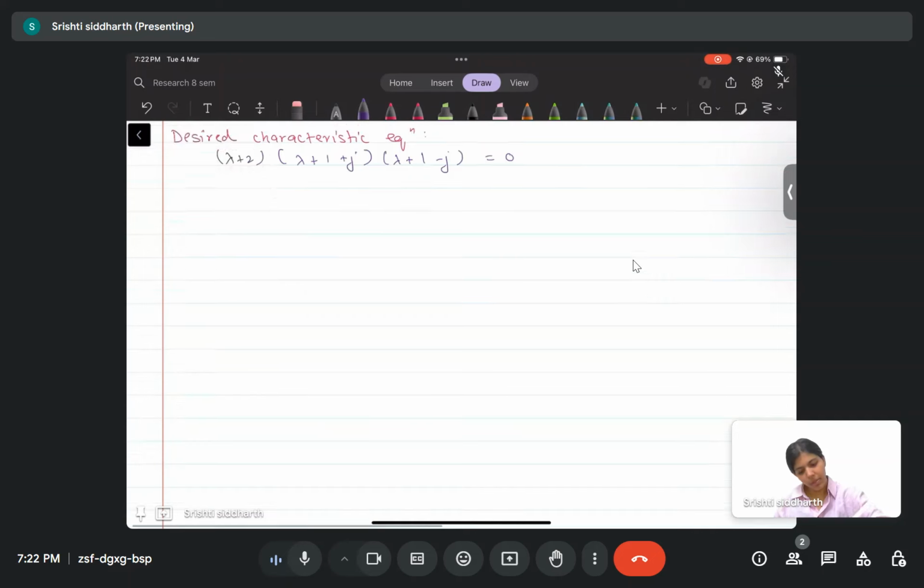We can simplify this. I'm going to write this down. So we expand this. This becomes lambda cube plus 4 lambda squared plus 6 lambda plus 4 equals 0.